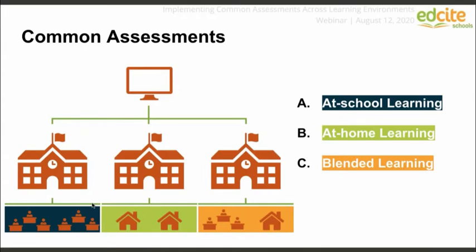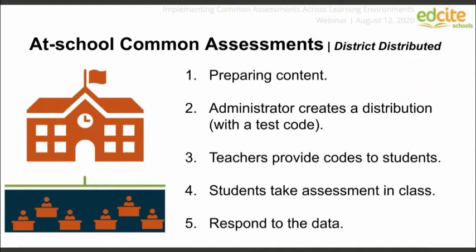So let's talk about how you give common assessments within each of these contexts. We're going to start with the most simple, which is the pathway that your team has likely been using consistently up until now, which is the at-school common assessment.